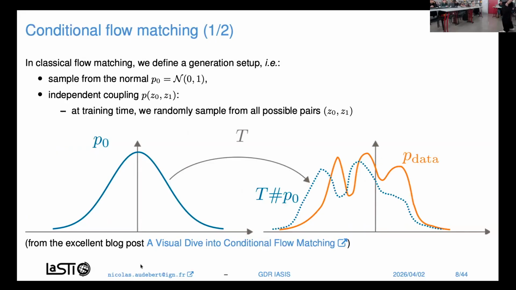So to make that more useful than simple generation, we have to add a few things. In classical flow matching, we are defining a generation setup, which means that our initial source distribution is Gaussian in the space of the dimensionality of the data. And because we don't make any specific assumption on the source and target distribution, we sample the pairs Z0 and Z1 randomly and uniformly across all possible pairs.